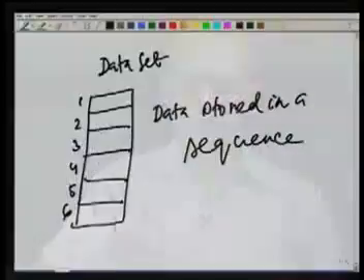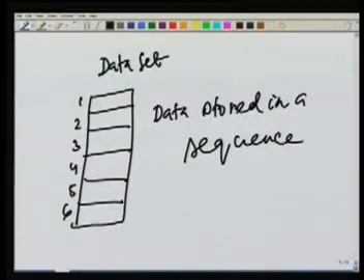Like in a multi-layer network, if I have a data set, I can always select any of this data randomly and present it to the network, because sequence is not important. I will explain this point in detail in a system identification example, because this is an intelligent control course, so a relevant example will be explained in detail.